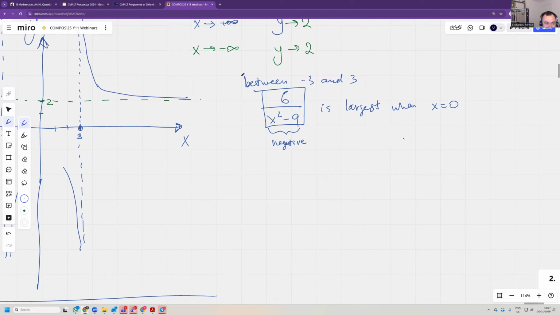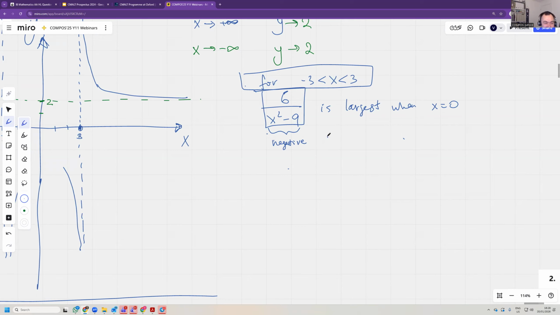We know that for x between -3 and 3, this expression is negative, and it's going to be the largest when this bit is the smallest. Okay, when x is 0.